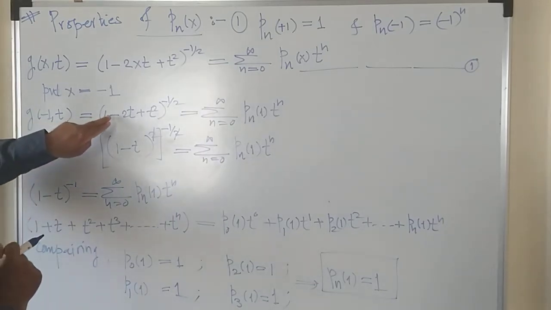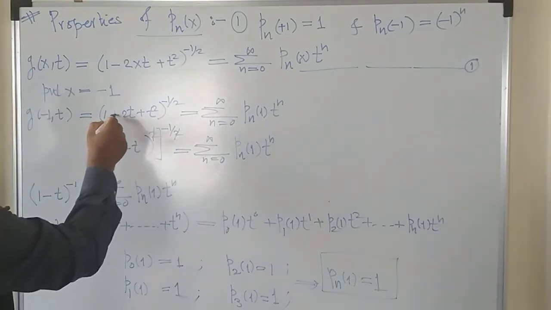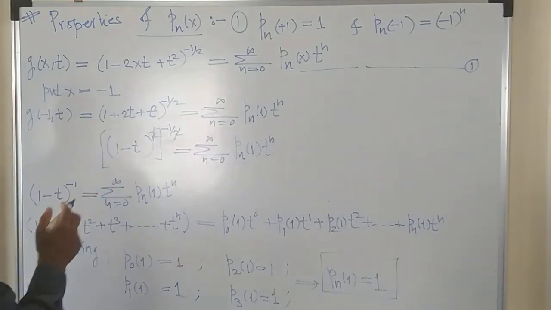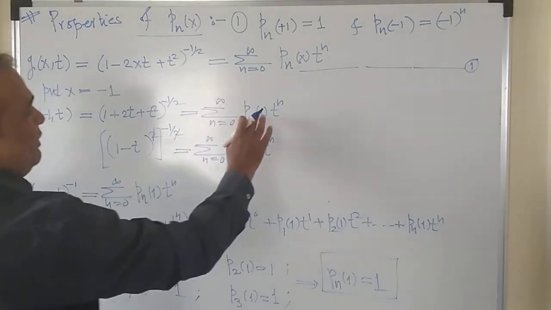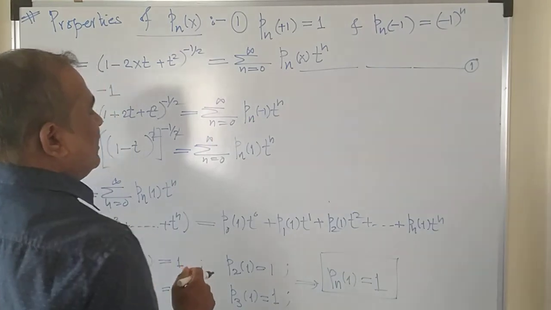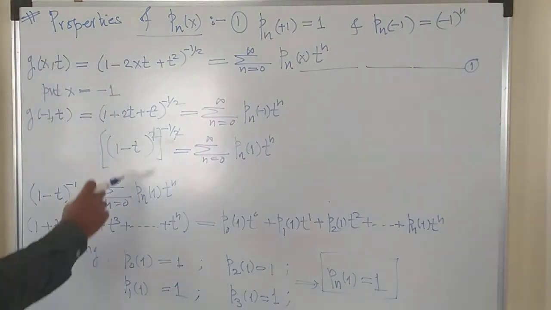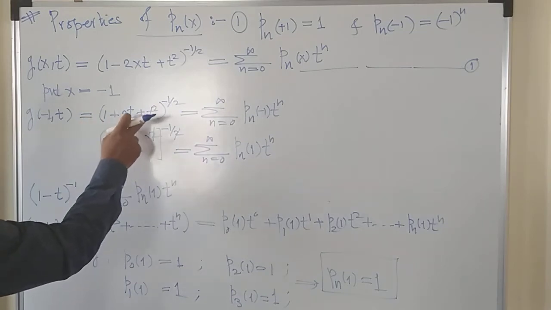So this will be 1 minus 2 into minus 1 into t, so this will become plus t, and the rest of the things will be the same. Here you will get the sum of Pn of minus 1 times t raised to n. And of course, what is 1 plus 2t plus t square?